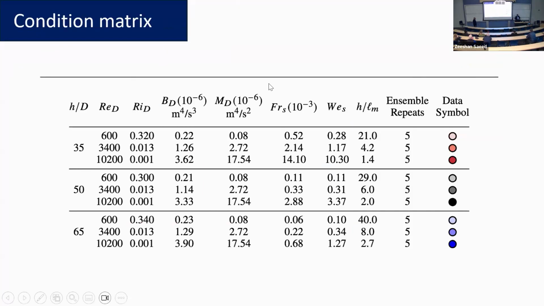Absolutely. Sorry. That's helpful. And then the entire range of the conditions that I have for these experiments was such that the free surface was in the far field of the jet, or far away from the source, if you may. And then the Reynolds number and the Richardson number. What's important to note here is that the free surface perturbations were gravity stabilized.